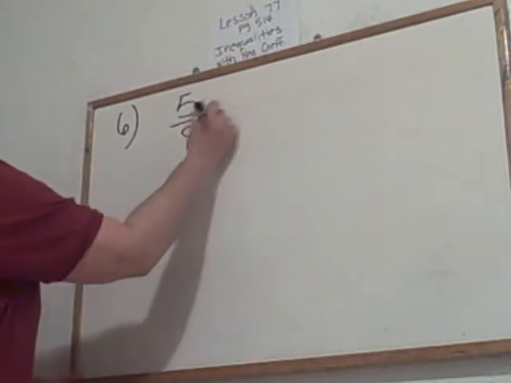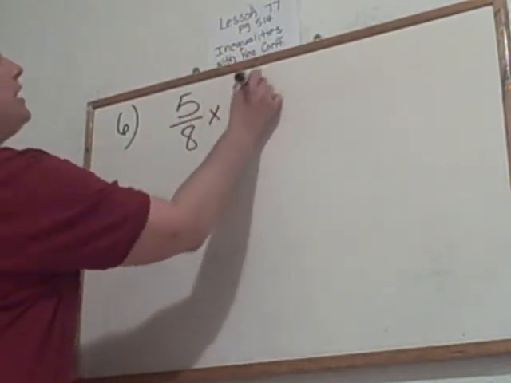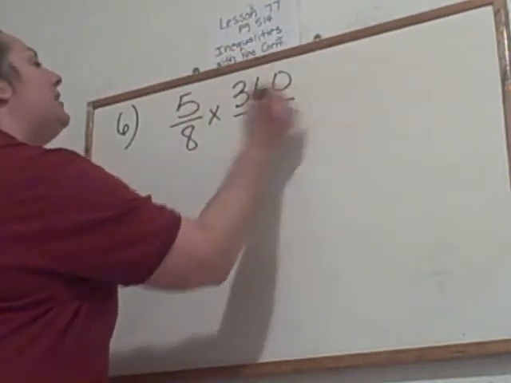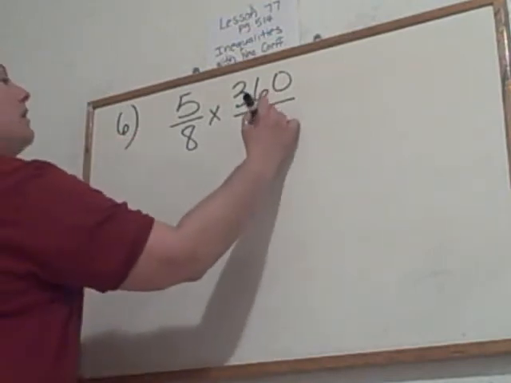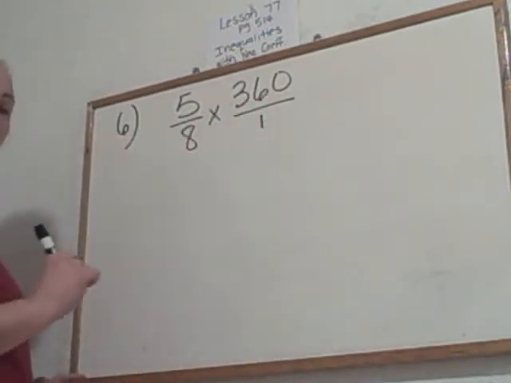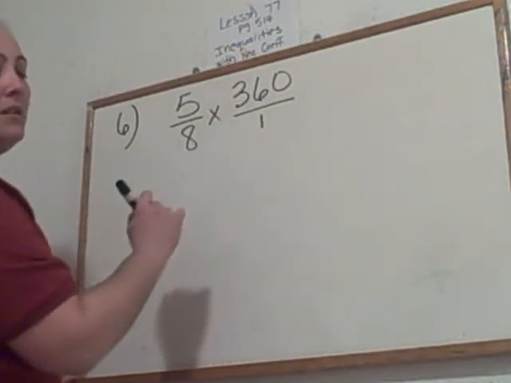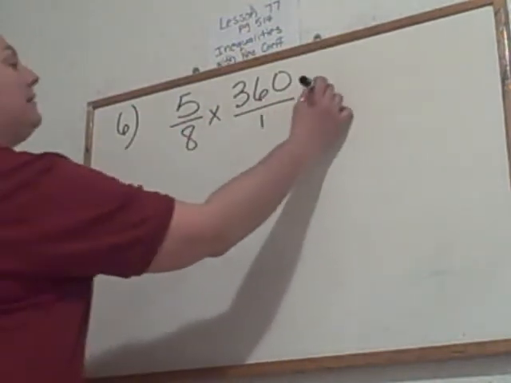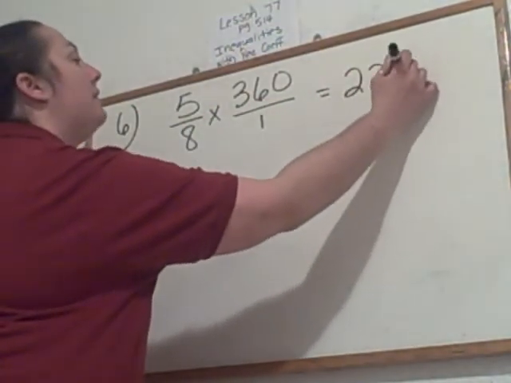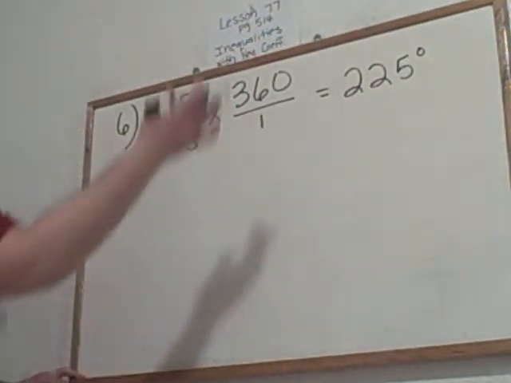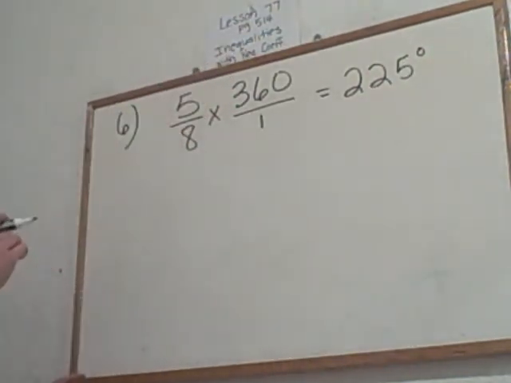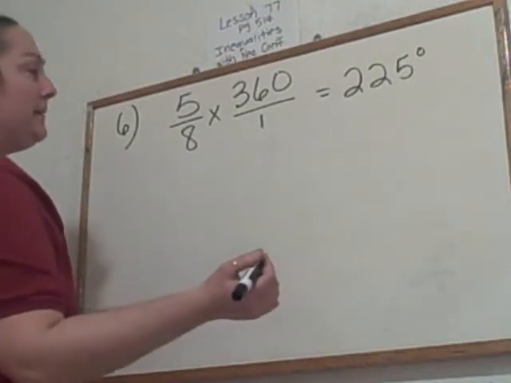Five over 8 would multiply by 360 degrees because that's the total degrees in a circle. I would put that over 1. And when I multiply that, I would get 225 degrees. That would be the portion that would represent the amount of free throws he made.